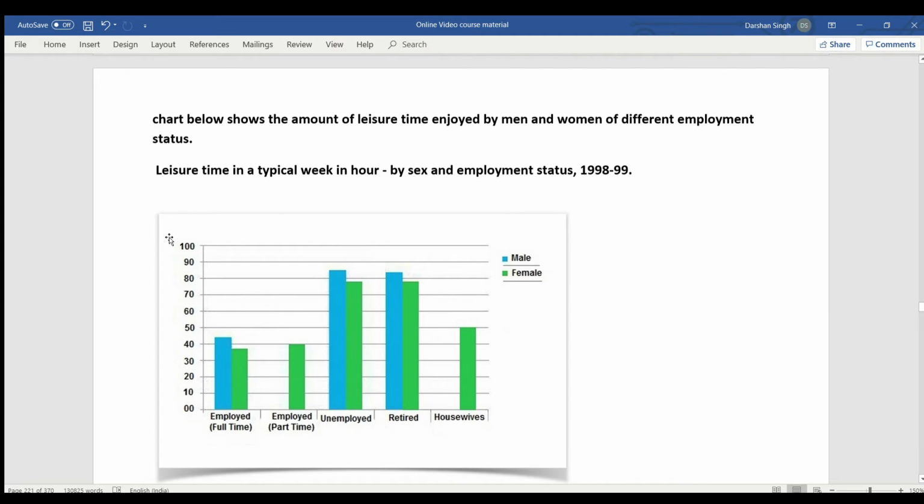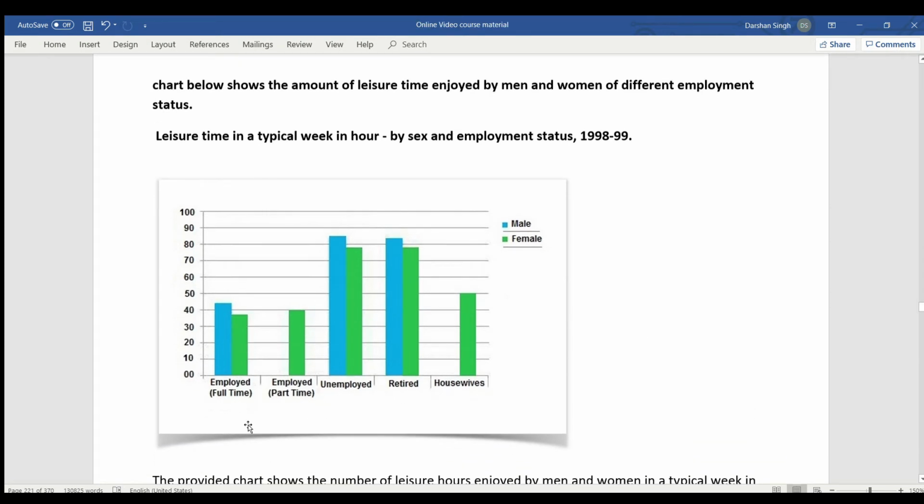So this is the time, hours in a week, and these are the different categories of men and women: employed full-time, employed part-time, unemployed, retired, and housewives. Now the blue is for male and green is for female.